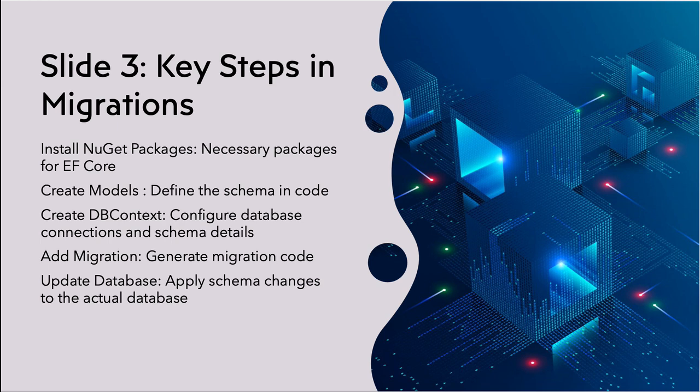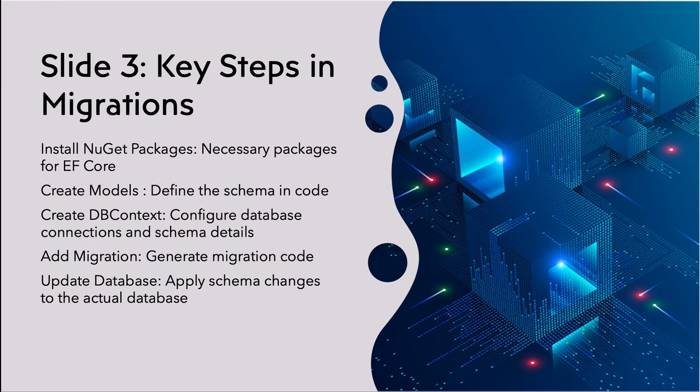Now let's go over the key steps in setting up migration in Entity Framework Core. We need to install the NuGet packages, because these packages are essential to Entity Framework Core. Then we create the model. These model or entity classes represent your database schema. Next, we create the DB context.